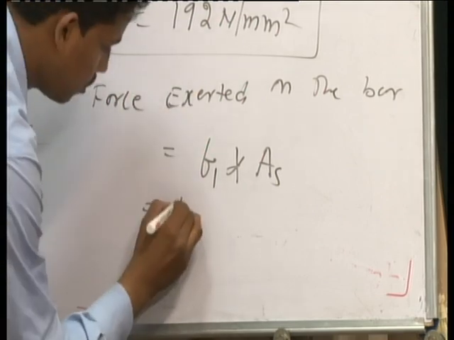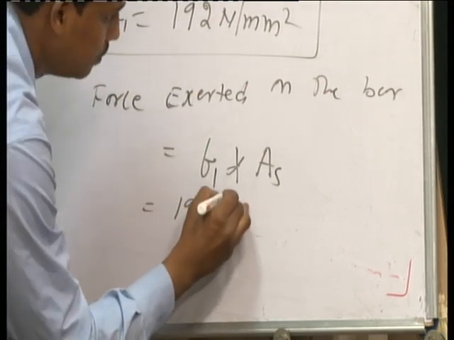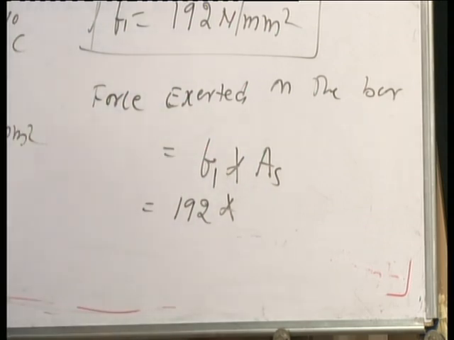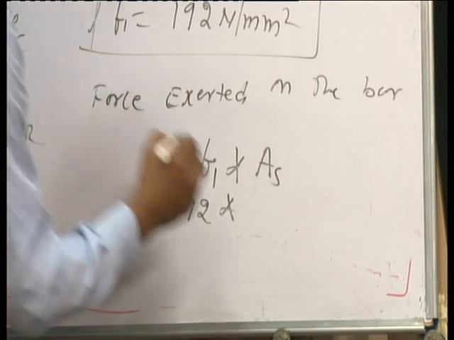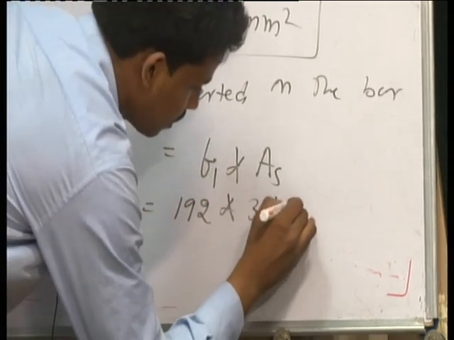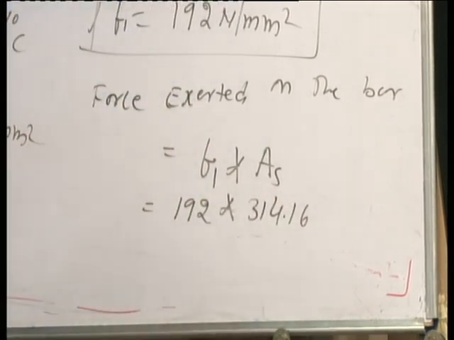We know stress is equal to 192, and we know the area of steel as 314.16.